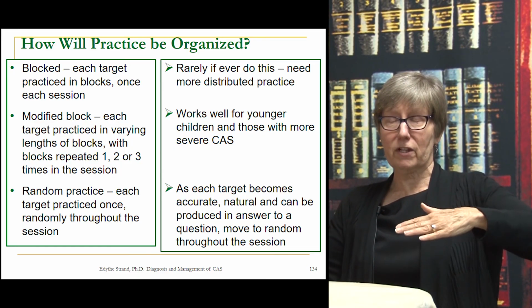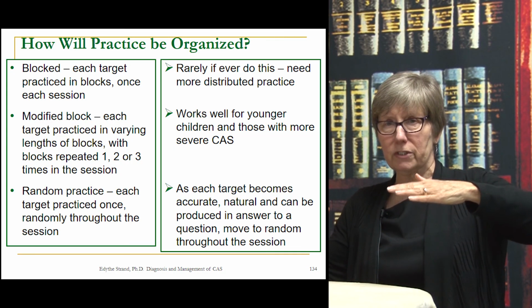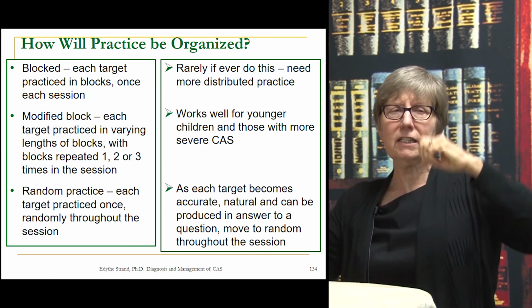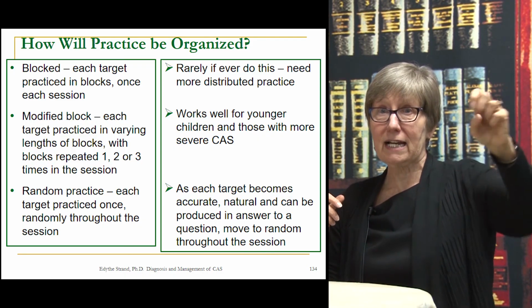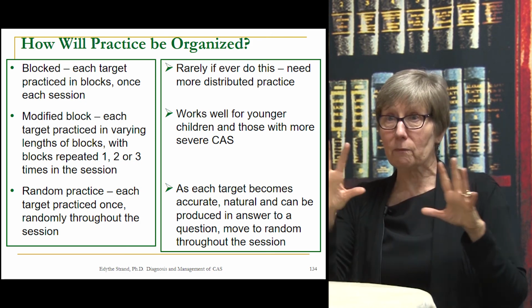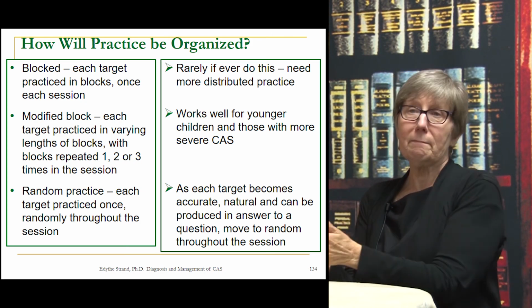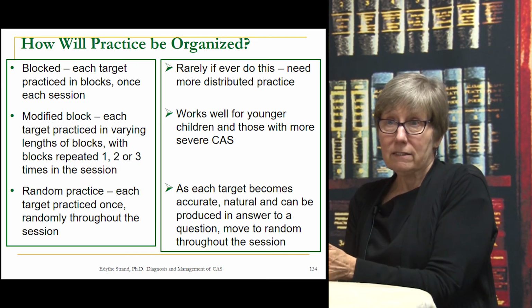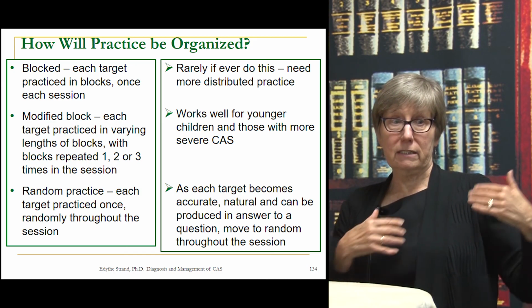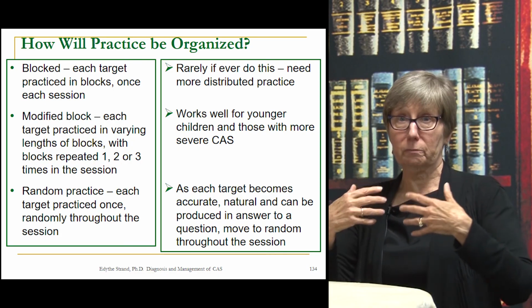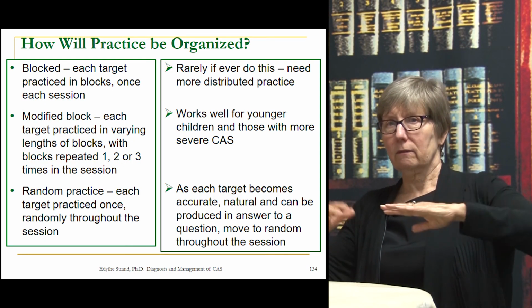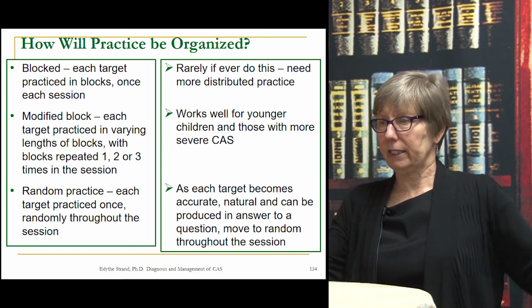So if their child's real severe and you've only got 5 words, as one word gets accurate and at normal rate and you vary the prosody, you're going to start randomly asking questions throughout the session so they get random practice. And once they meet a certain criteria in your probe testing, and you've also had the opportunity to get a lot of random uncued productions and they're doing well, then you say, okay, we can take that out of training and bring in a new one.